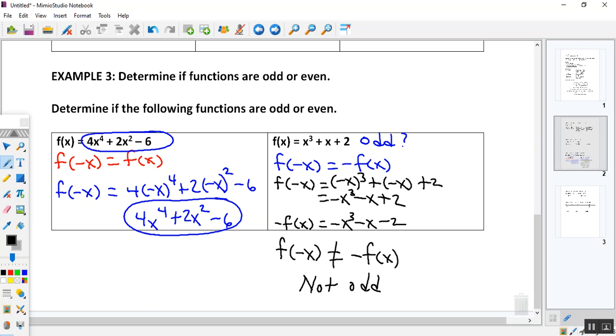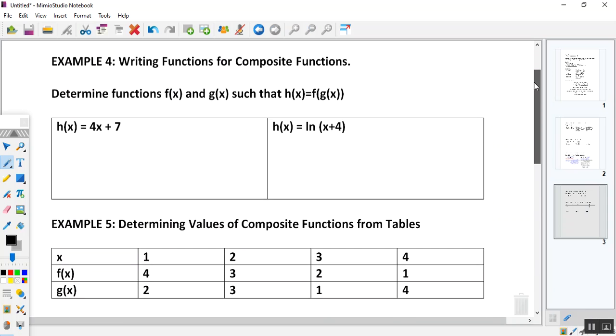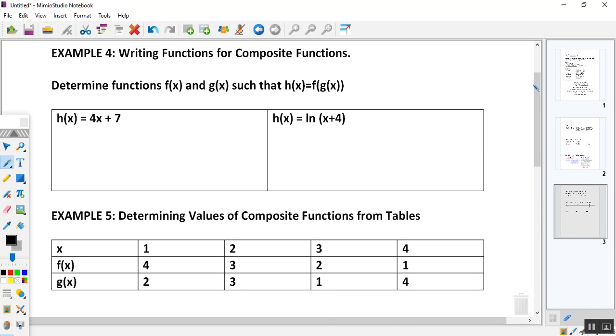All right, last page. Let's rock it. Writing functions for composite functions. I like this stuff. It says determine functions what and what here, kids. F of x and g of x, such that our function h of x, in this case, what's h of x equal to on the left? 4x plus 7.